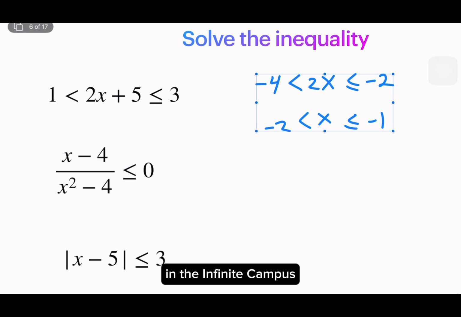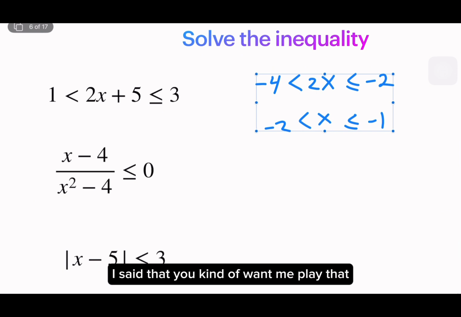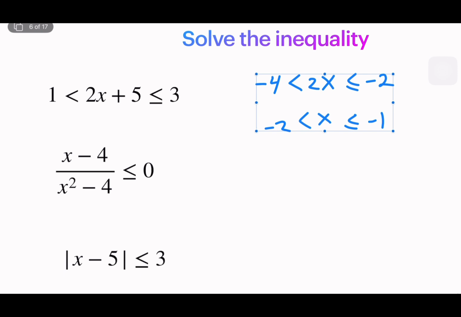Infinite canvas? How about this one? I said that you cannot multiply that. I just said that in the front, you cannot multiply. We can factorize. Yes, we can. Exactly.